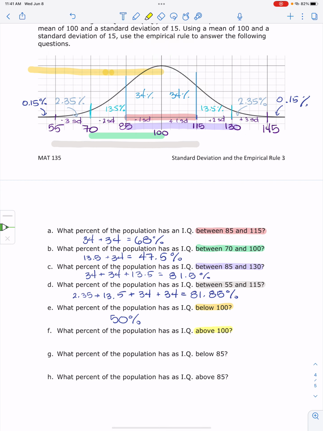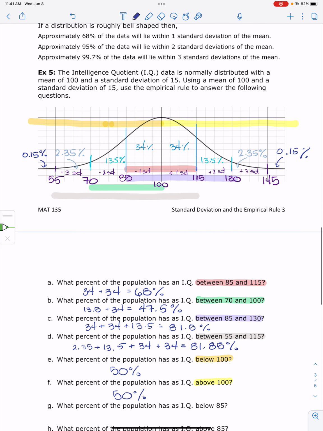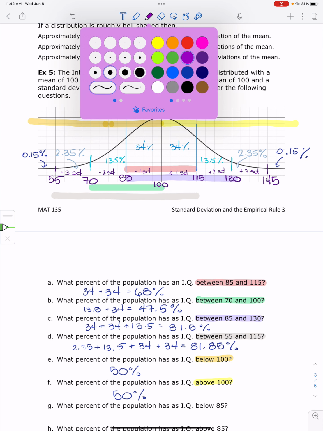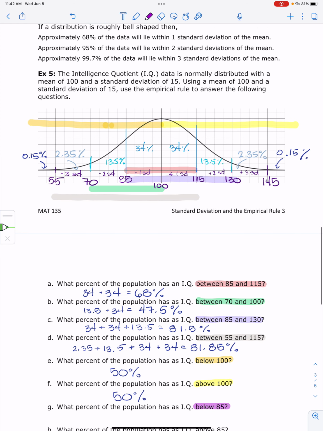What percent of the population has an IQ above 100? So now we're looking at the other half of the population. Again, our mean divides our population in half. So 50% of the population has an IQ above 100. What percent of the population has an IQ below 85?